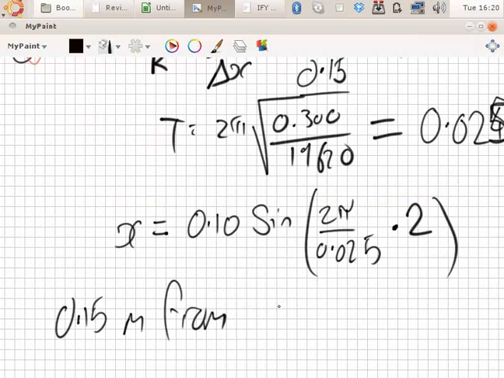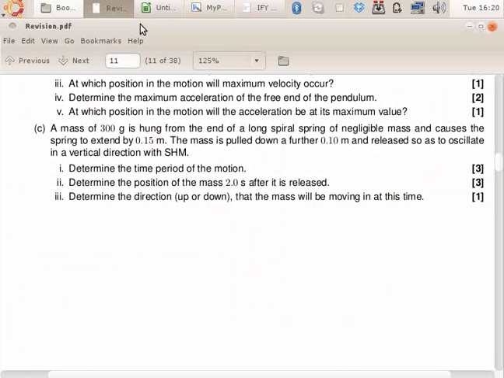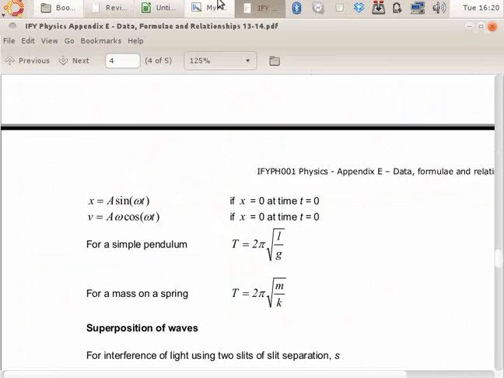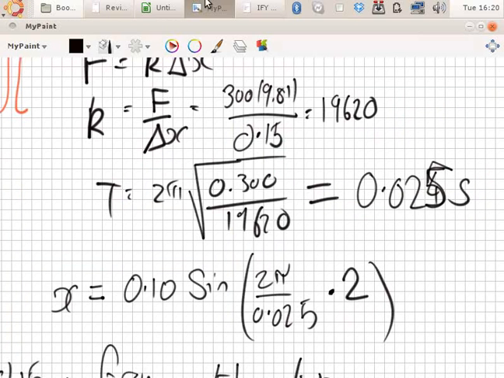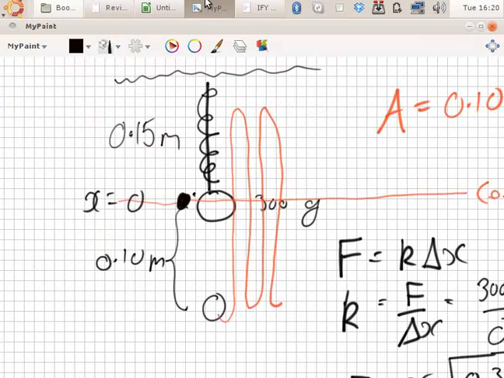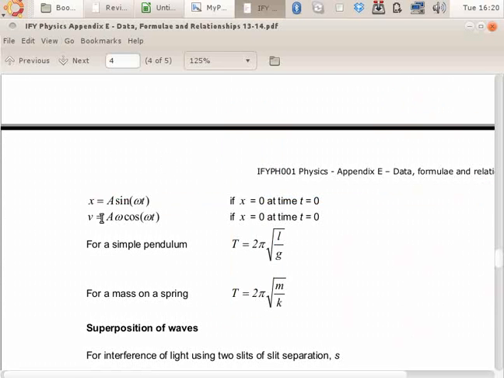And then the last part is he wants to know, is it going up or is it going down? How could you tell if it's on the way up or if it's coming from the top? Well, true, you've got a 50-50 chance, but what you can do is use the formula for the velocity, because if the velocity is positive, it's heading up, and if it's negative, it's going down.